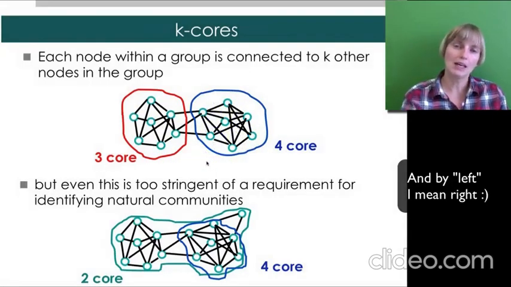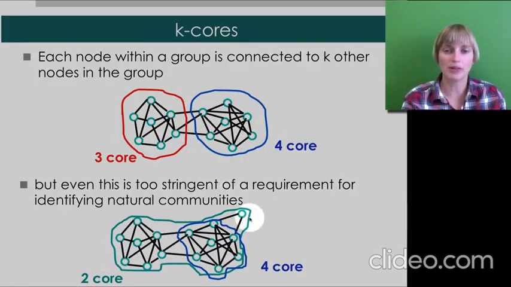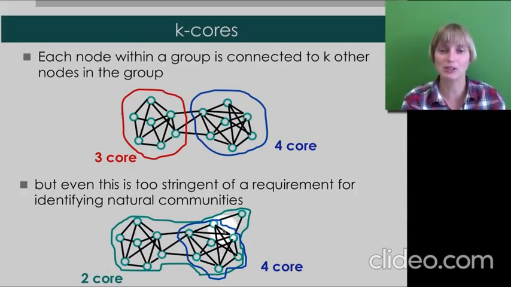What makes K-cores also not that robust is this example down here where you have a node that really should rightly belong with all the other nodes in this 4-core, but it has only 2 edges. And so it can't be part of a 4-core. It would need at least 4 edges to do that.